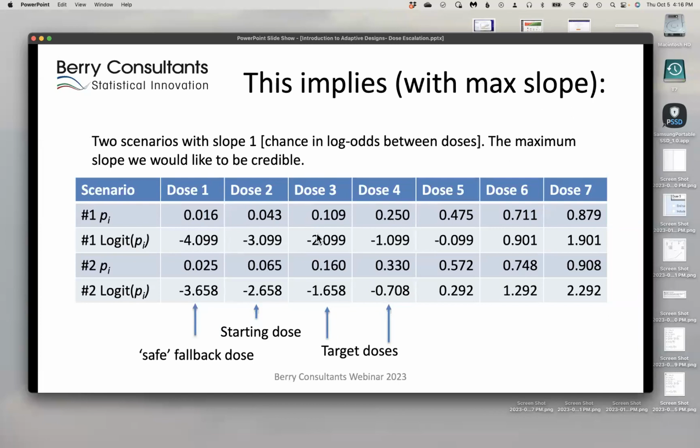Then if we look at changing the log odds by 1 below that and above that, that would give an expected scenario that would look like this, giving us a starting dose with an expected toxicity rate of about 0.05 and an emergency dose below it with a toxicity rate of about 0.016.